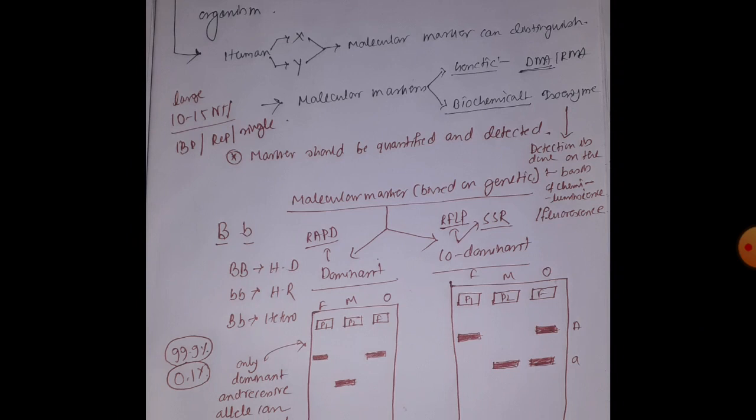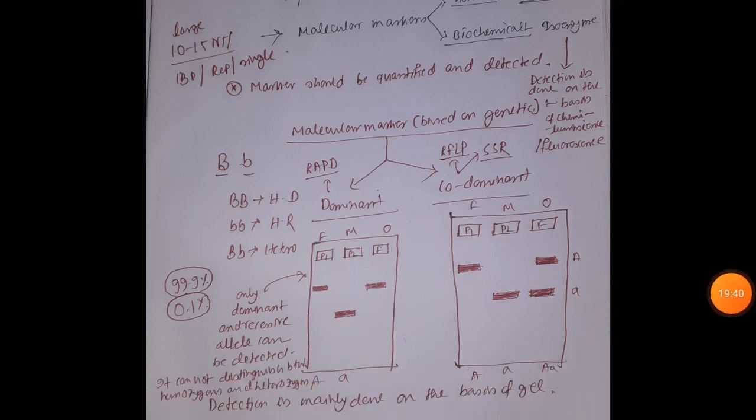We have also discussed that molecular markers can be divided into two parts: one is the dominant marker, another is the codominant marker. The dominant marker helps you distinguish between the dominant allele and the recessive allele very clearly, but it cannot help you distinguish between homozygous and heterozygous.